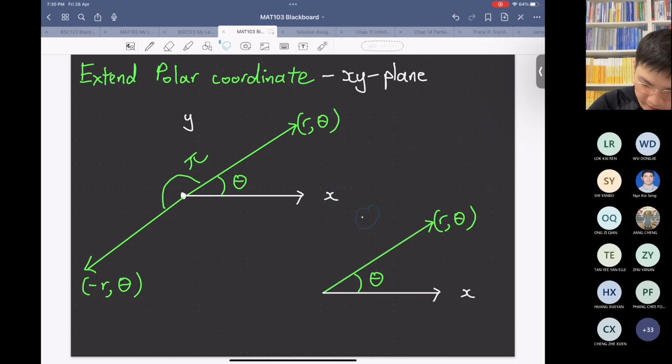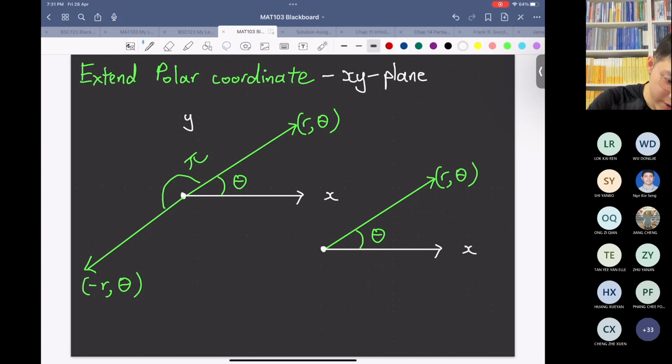Okay, let's do the same game. So where's this dot from? So minus theta should go down, right? Theta goes anti-clockwise, so minus theta should go clockwise. So use green.